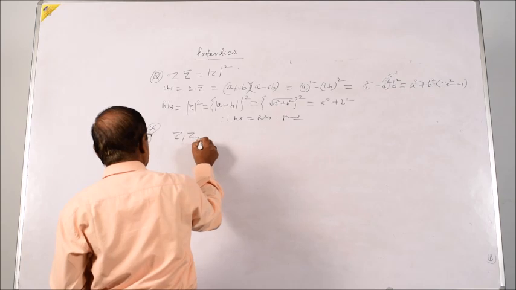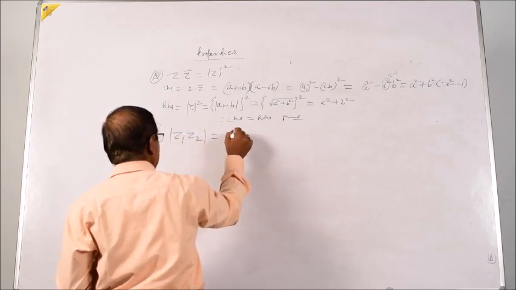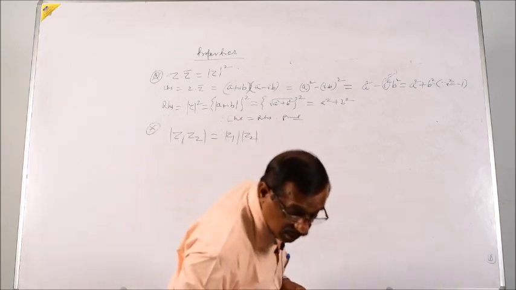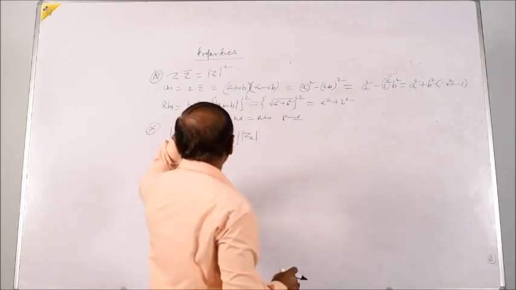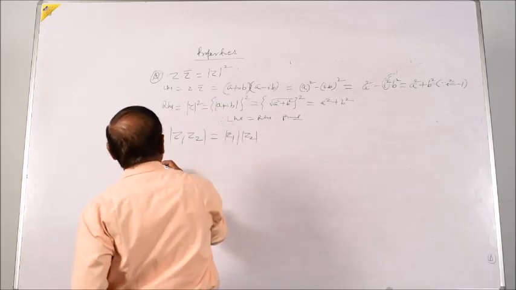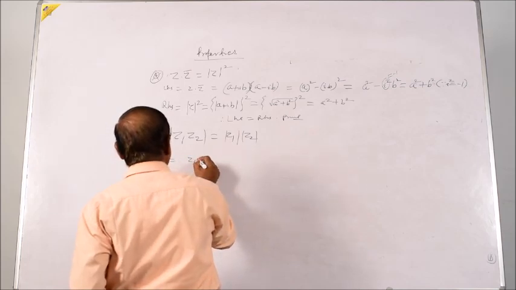Mod of z1 z2 is equal to mod z1 into mod z2. We have to prove this one. LHS, let us check, is z1 dot z2.